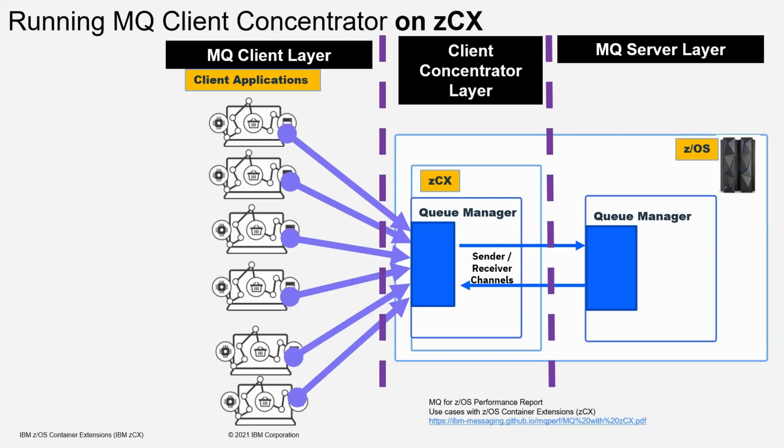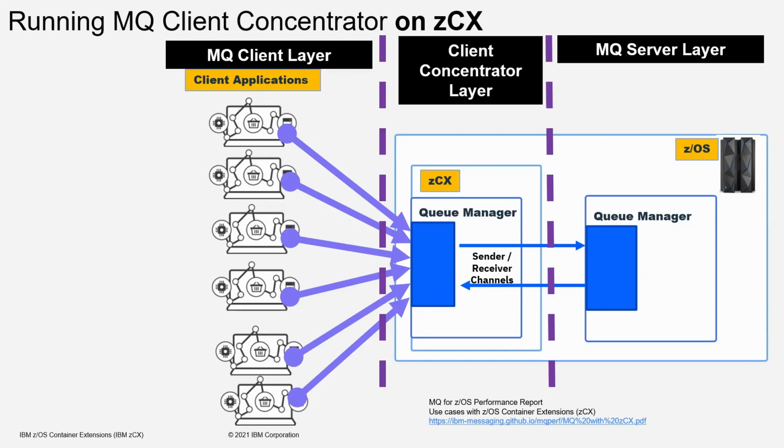Now, of course, there are other considerations other than just CPU usage before deploying the MQ concentrator model. So analysis really needs to be done by your folks at your shop. This has a little more added layer of complexity. There's a slight increase in latency because I do have these two hops.